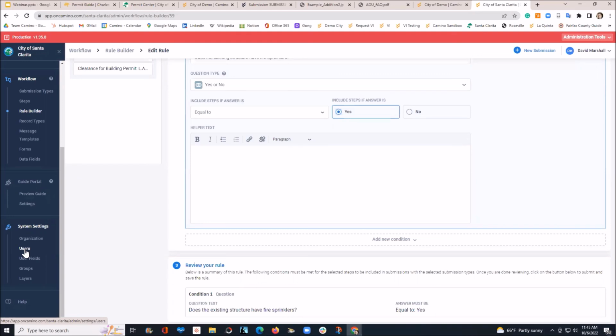Really the only thing you need is an address, and because Camino gives drop-down options, you can type in something like 1-2, and it might give you a drop-down option within the city or county limits that you can use and move on. But you're really not differing from a permit system. You're not breaking anything by going in and generating a guide.